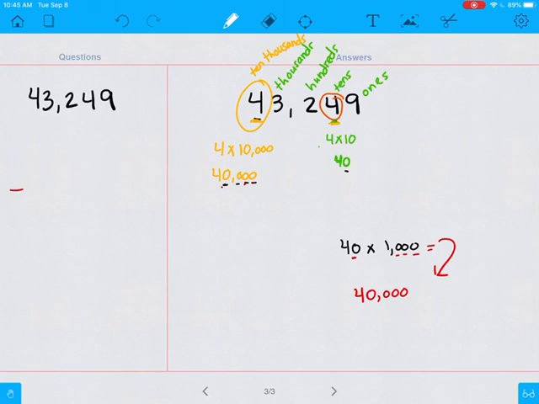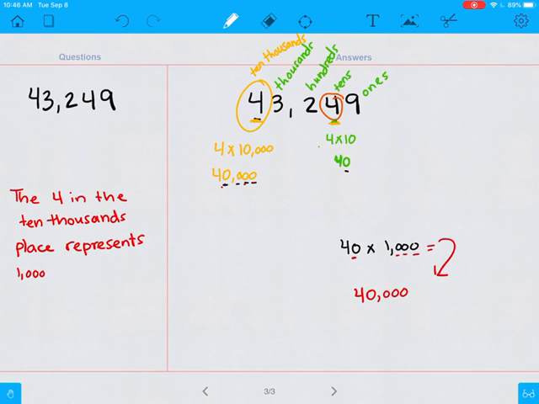So the 4 in the 10,000s place represents 1,000 times the value of the 4 in the tens place.